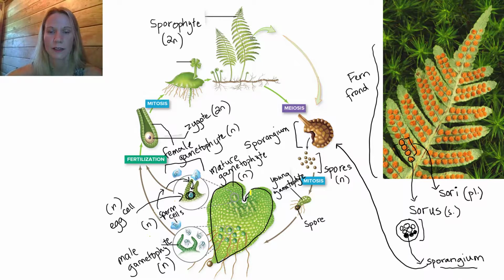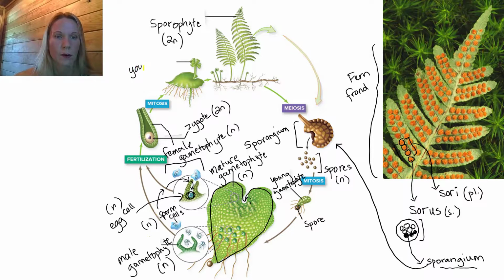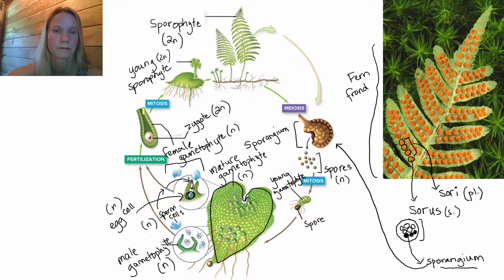The new sporophyte is going to be coming out of the top because it's growing out of the female gametophyte. So this would be the young sporophyte here. Diploid. Okay. Looks like a little four-leaf clover. It's not what it is, but it looks like that. Growing out of the female gametophyte.